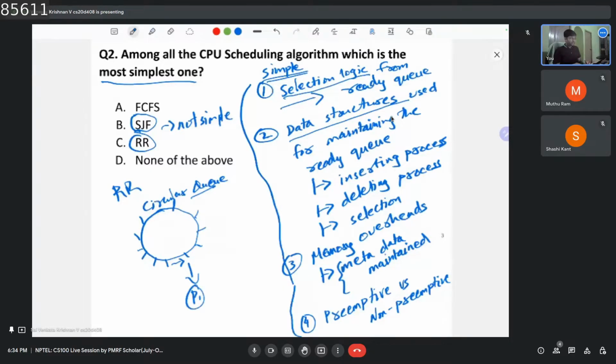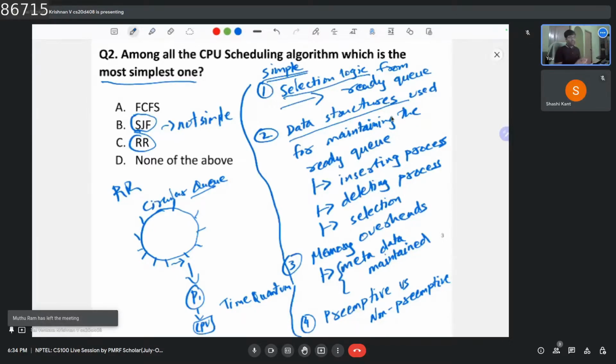It is executed on the CPU for the time quantum duration specified by the scheduling algorithm. So the data structure used for round robin is very simple, a circular linked list, and the metadata is very simple. You just have to maintain the time quantum. Inserting or deleting a process is also very easy. You just have to move the pointers in the circular linked list to indicate that the process has finished completion.